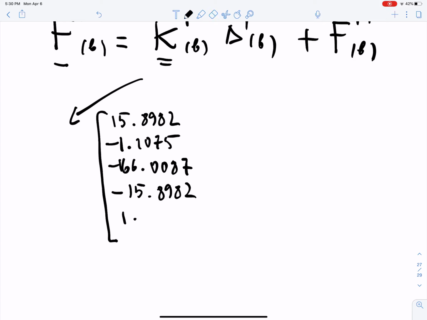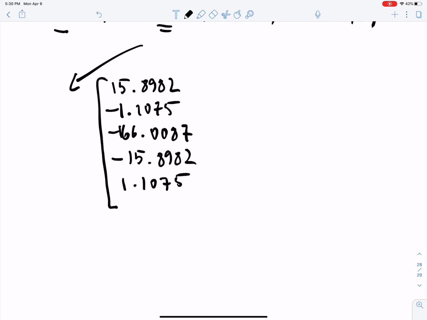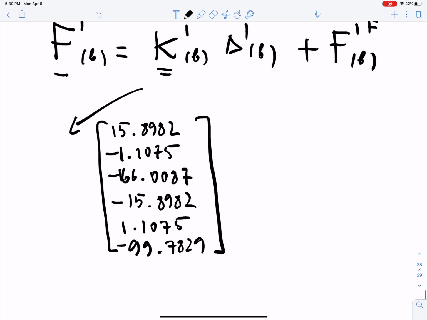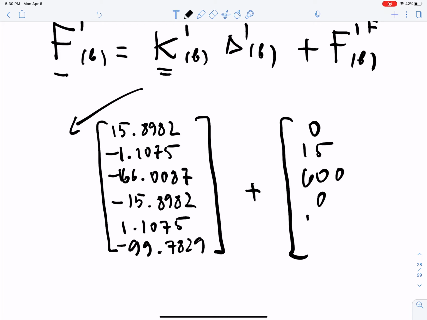This is why it's really not so easy to work with real numbers by hand. Okay, so this will be the force vector produced by just the movement of the end nodes. Okay, plus the force vector due to the applied load, 15, 600, 0, 15, minus 600. Okay, this is that contribution.